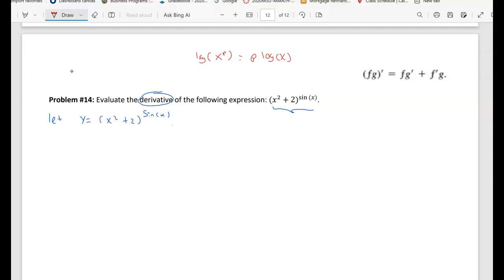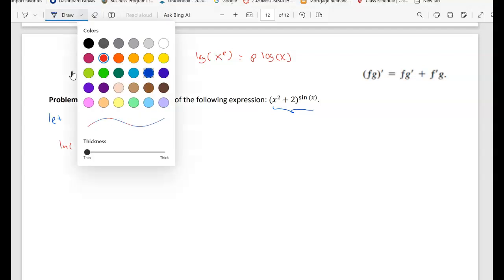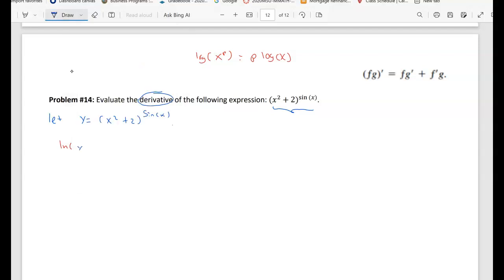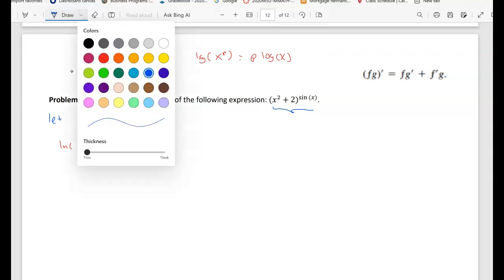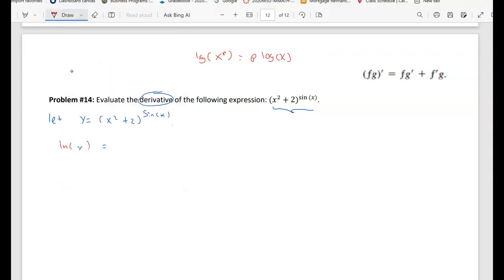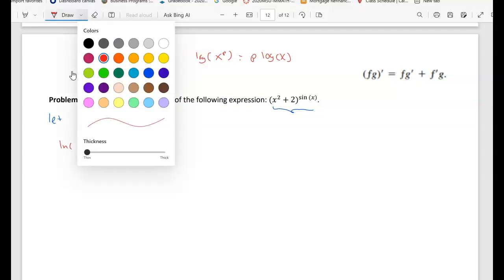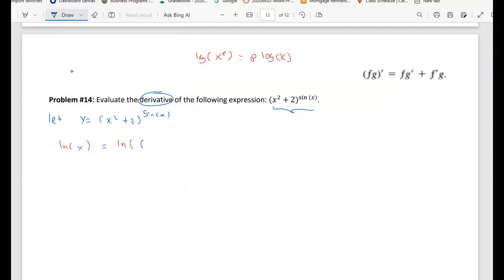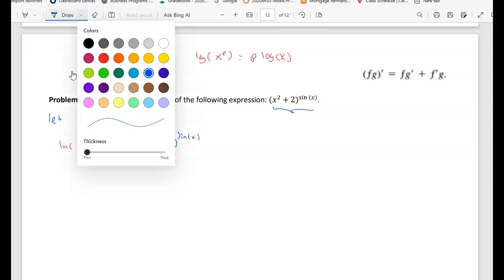So at this point, I'll just take the ln of both sides. So we're looking at the ln of y, which is equal to the ln of the expression on the right hand side, x squared plus 2 raised to the sine of x.